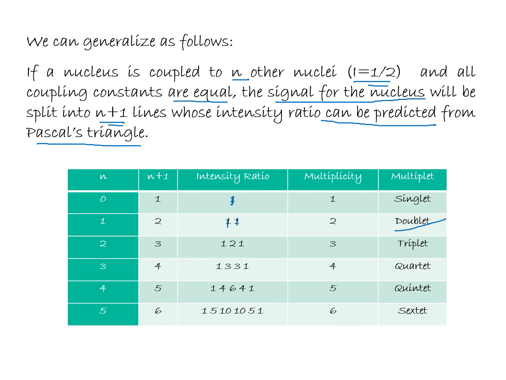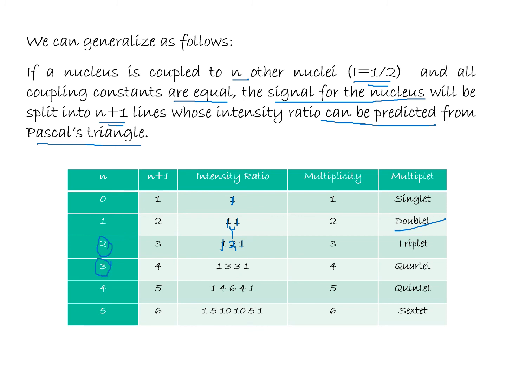Now, with 2 neighboring nuclei, from the above 1, go to the right and write 1. 1 plus 1 is 2, so in the middle write 2, and then to the left 1, so it will be 1 to 2 to 1.